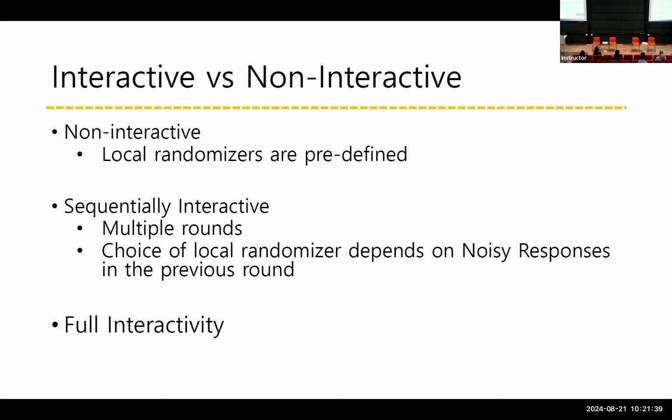But we also have a sequential interactive setting that is run in multiple rounds. In each round, we get to choose the local randomizers based on the outcomes of the previous round. It's a stronger model, and we can do more things with this interaction, but we want to keep the number of interactions minimal. There is also the full interaction, which is not very relevant to this talk.